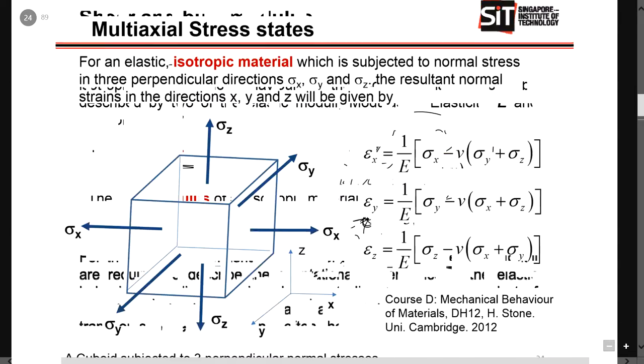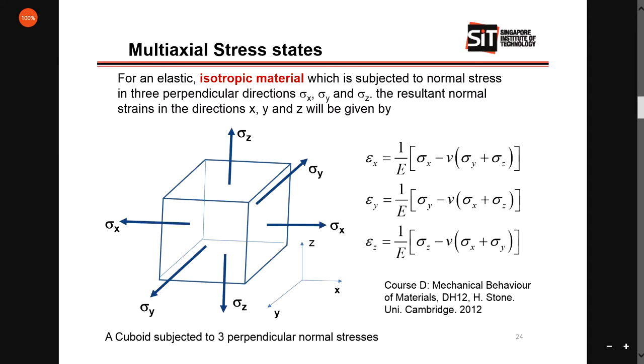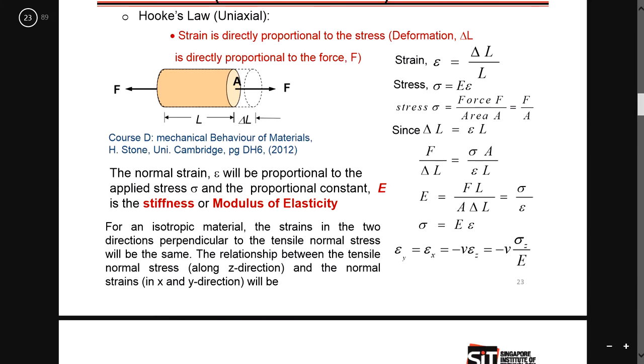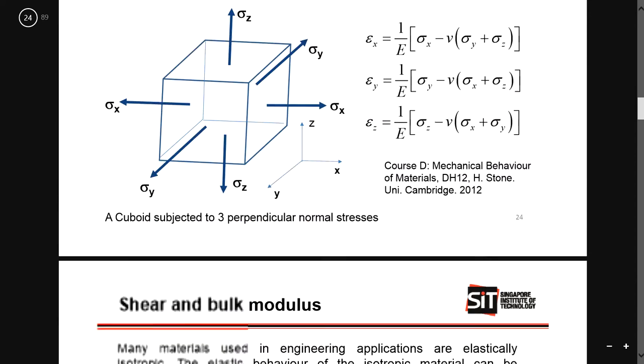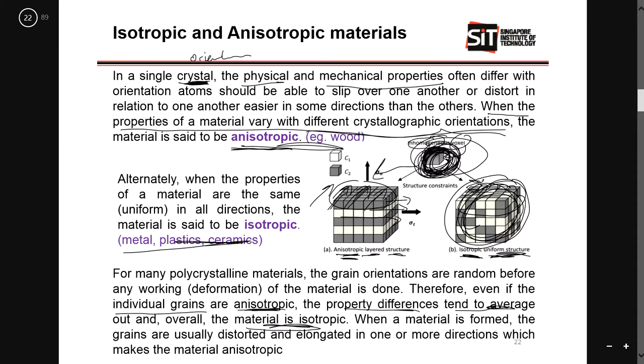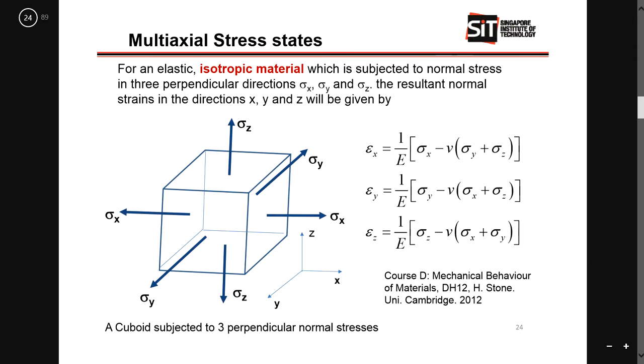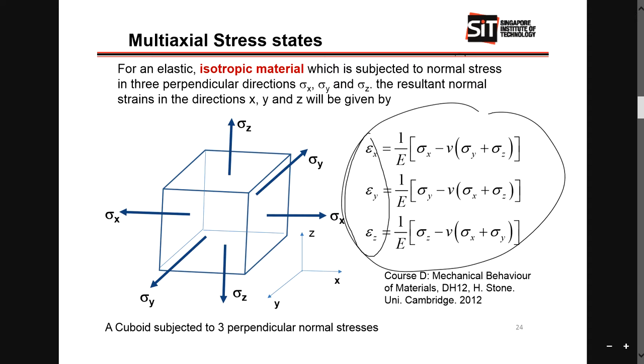I think I'm almost there. So I just want to give a full summarization of what we have just said in this video, because I think we might be here and there. The key information to take away is this equation. This is to find your strain in an isotropic material.